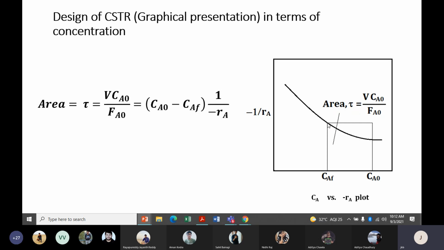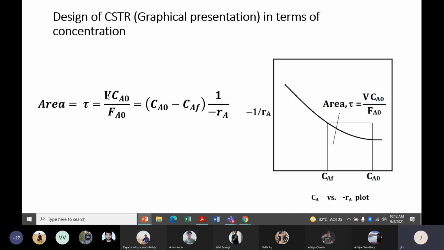This is minus 1 by Ra, or RAF, evaluated at final concentration. So 1 by RAF multiplied by the difference between Ca0 and CAF is the same as what is given in the expression. Ca0 minus CAF is the distance on the y-axis, and 1 by minus Ra is the distance of the ordinate. And the rectangular area will give you tau.